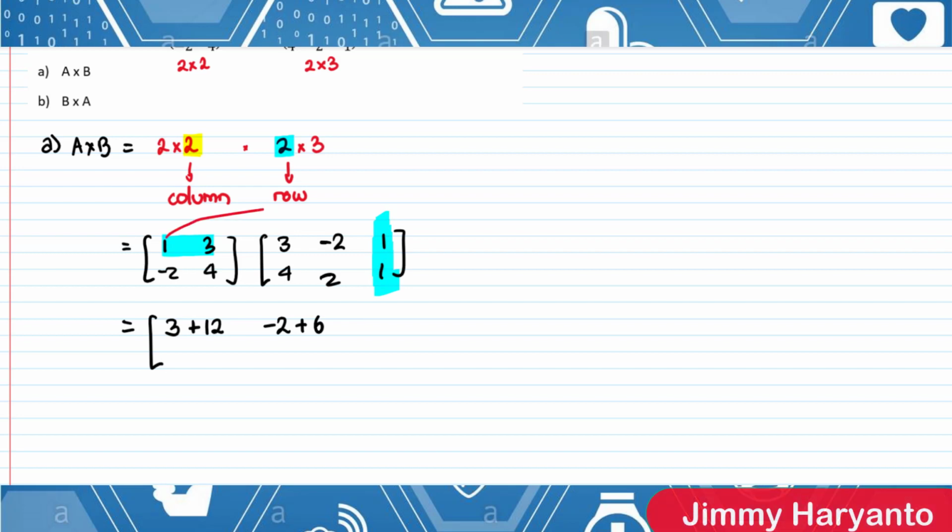We multiply them one more time: 1 times 1 equals 1, 3 times 1 equals 3. Add them. Because we cannot move the column again, that means we already finished the first row.